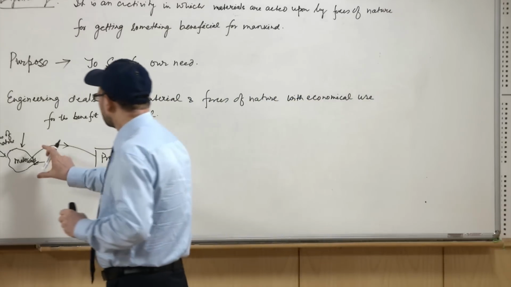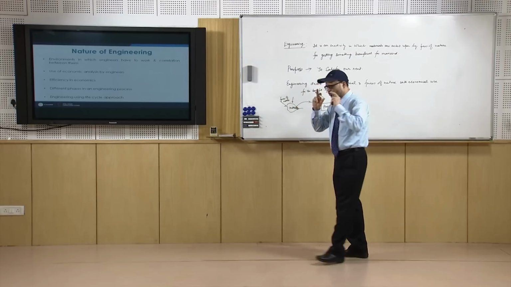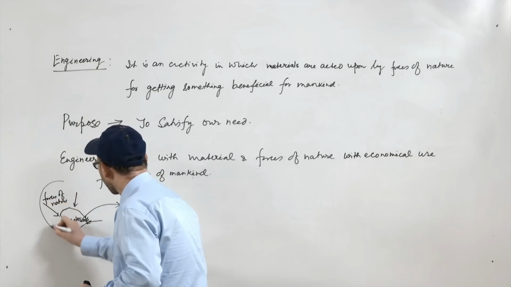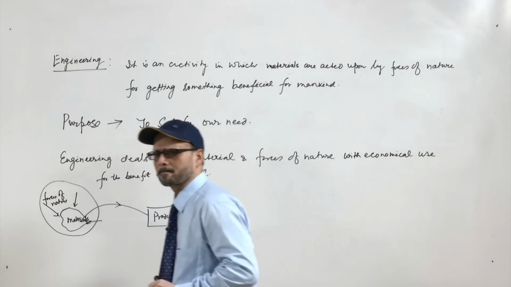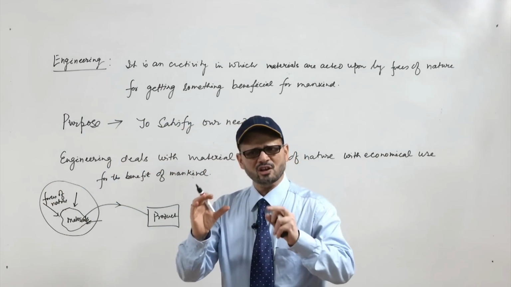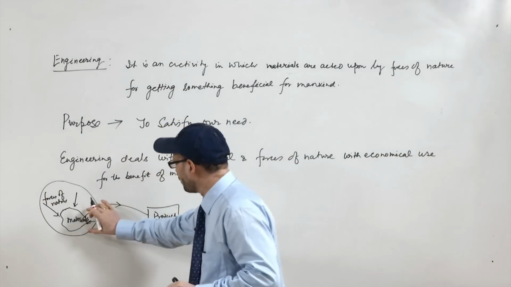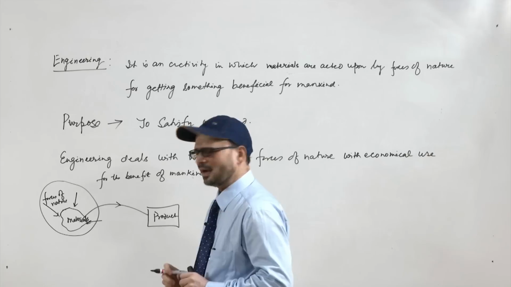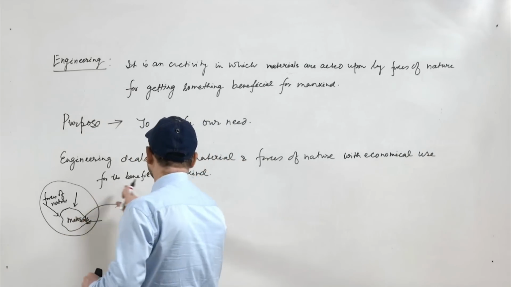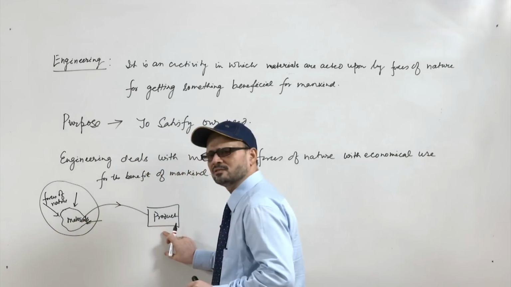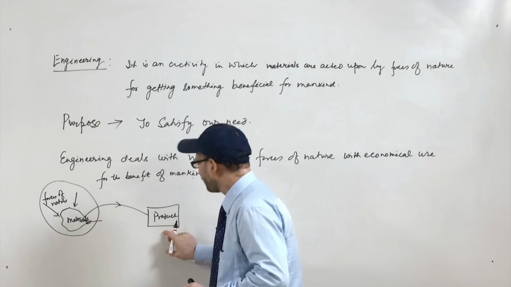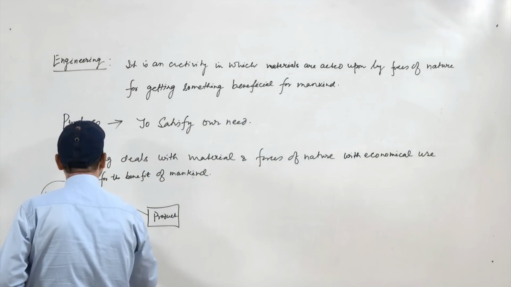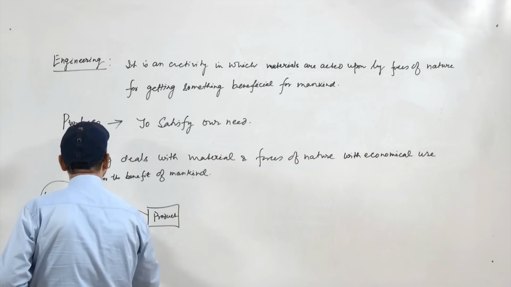Now, the two things to be kept in mind are, one is this, where the physical laws are applied on the material and it is shaped into a certain form. This is a kind of environment that is known as the physical environment.